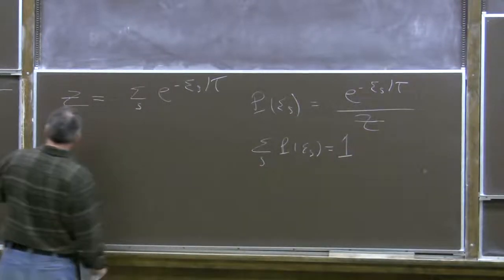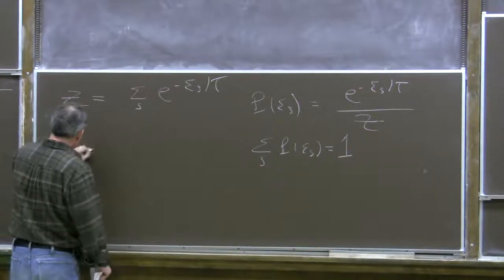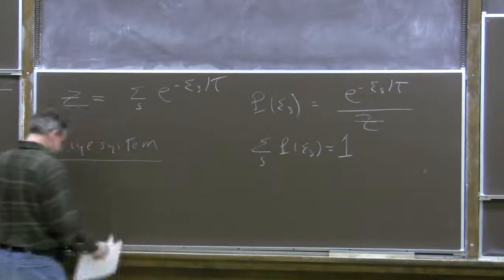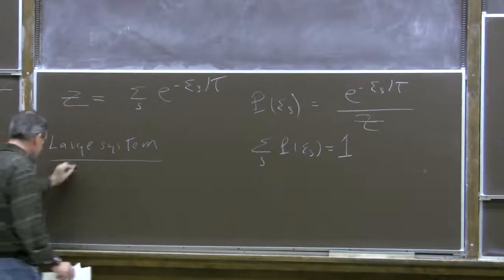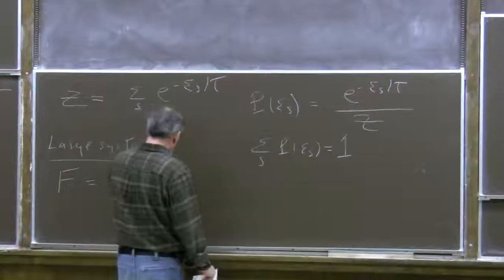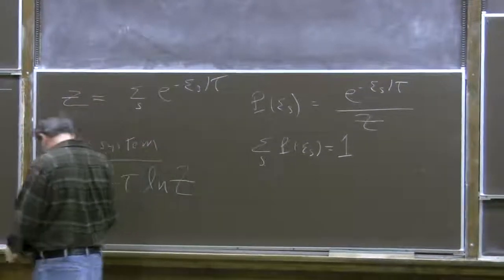We said in the case of a large system, the free energy can be expressed as minus tau times the log of the partition function.